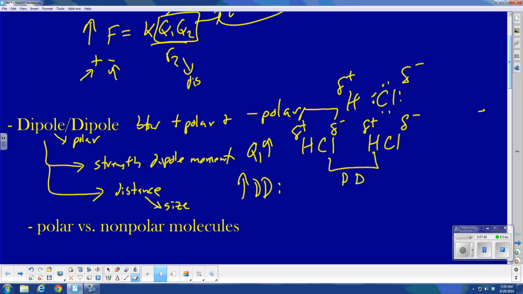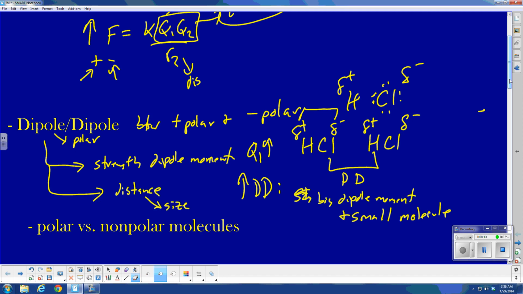I want a big dipole moment and small molecules. So I want their size to be small so they can get close to each other, and I want the dipole moment to be big. Got it? All right, so that gives us an idea of dipole-dipole.